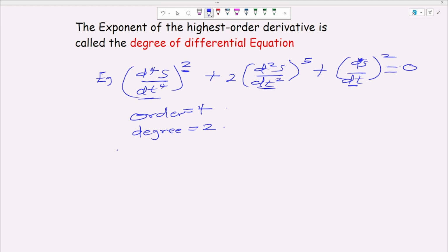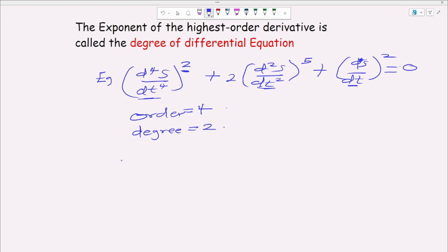Not every differential equation has a degree. If the dependent variable is found inside transcendental functions such as log and trigonometric functions, then it doesn't have a degree.